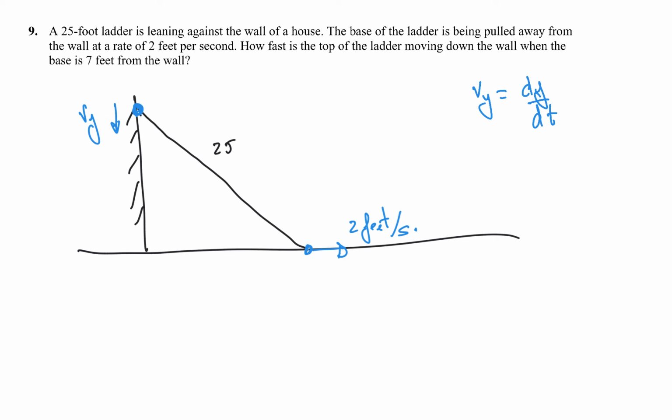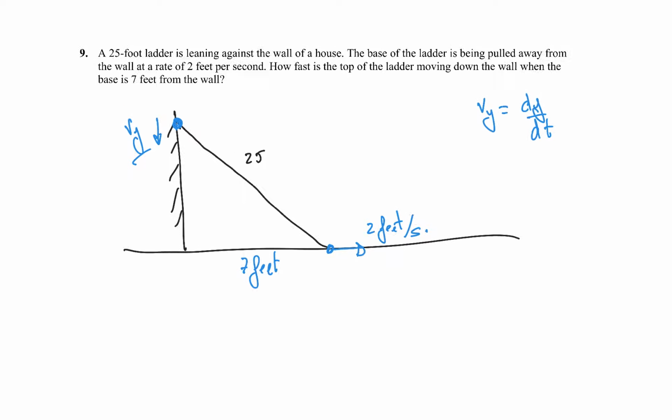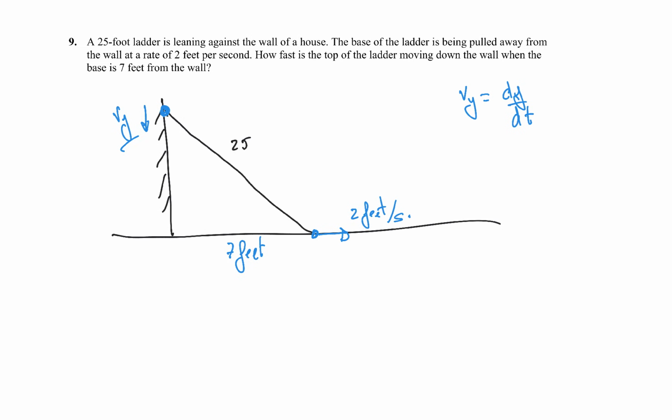And the question says, when this is 7 feet, what is the velocity v sub y? So we need to write an equation, and the equation is nothing else than the Pythagorean theorem. This is the x, and this is the y. So 25 squared is x squared plus y squared.